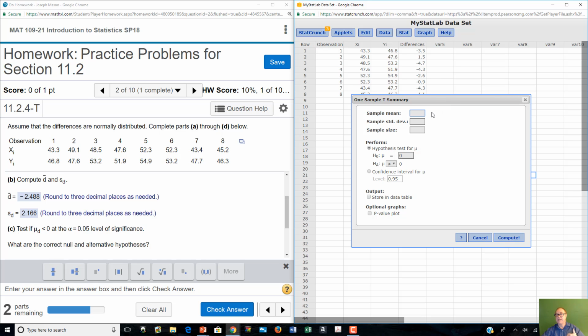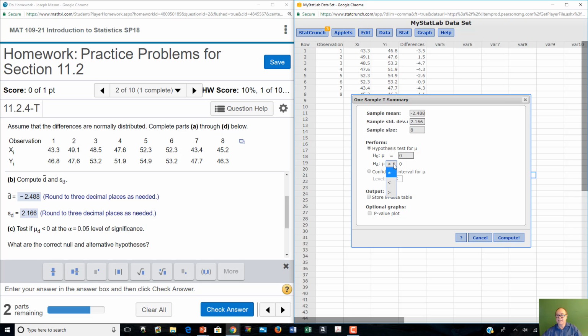In other words, the sample would have been the differences. So the sample mean would have been that negative 2.488. The sample standard deviation would have been 2.166. The sample size, if you recall, we can look up here too, you had 8 samples. So 8 would be the sample size.